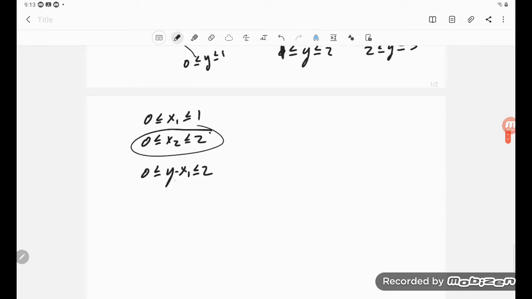Okay, so solving this one, I have minus x1 is less than or equal to 2 minus y, greater than or equal to minus y. And so if I multiply through by a negative, I have 2 minus y is less than or equal to x1 less than or equal to y.